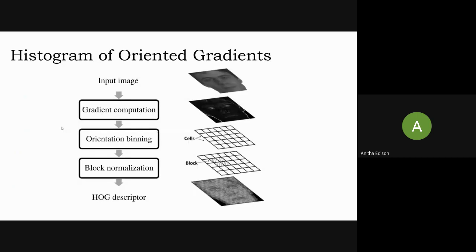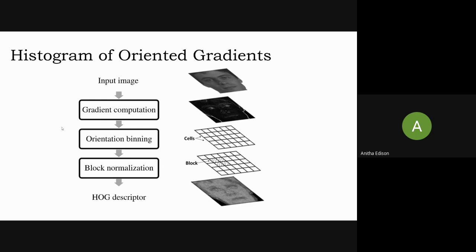Okay, similar to SIFT, there is another descriptor or feature called histogram of oriented gradients. So this is also similar to SIFT. It is also a set of vectors that can be used to represent an image, and this set of vectors can be given to a machine learning model. For example, we have talked about the classification of cats and dogs. You are given a set of images of cats and dogs, and you have to identify whether a particular image is that of a cat or a dog.